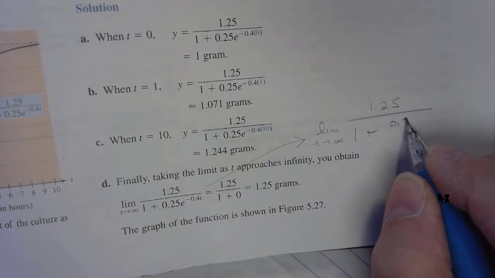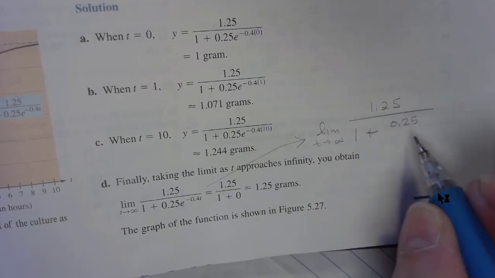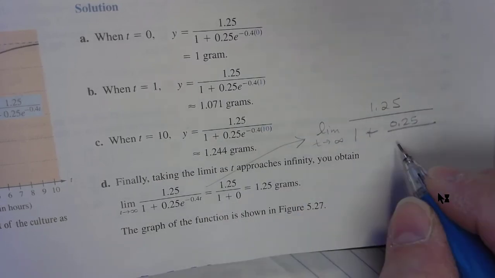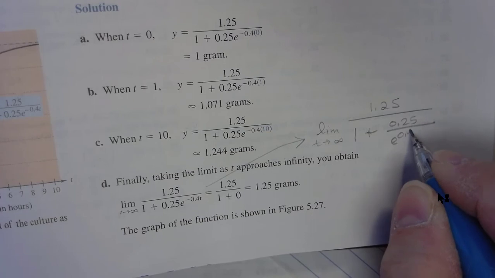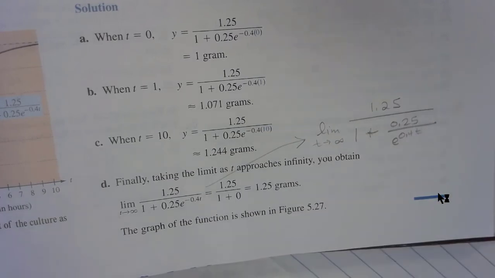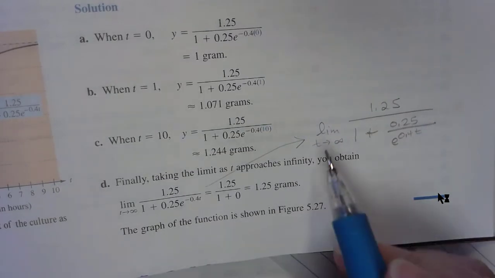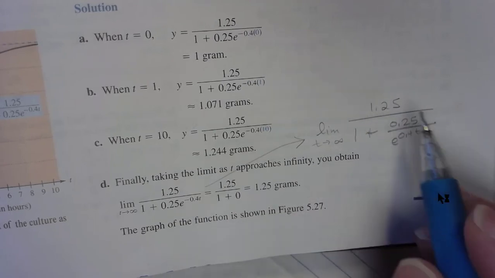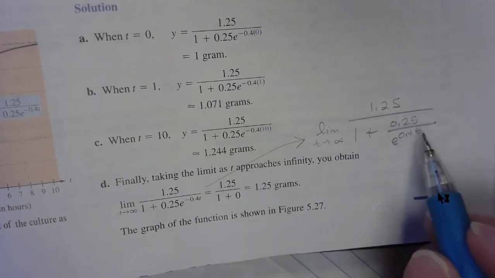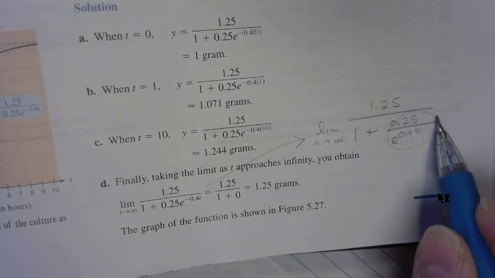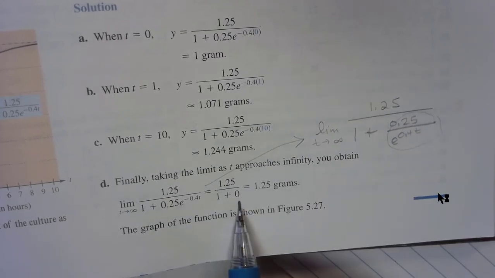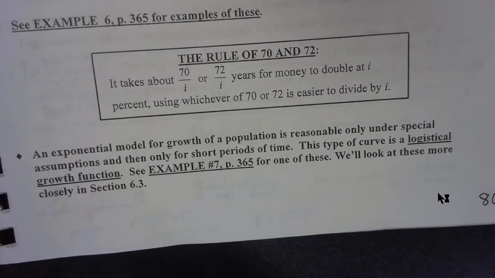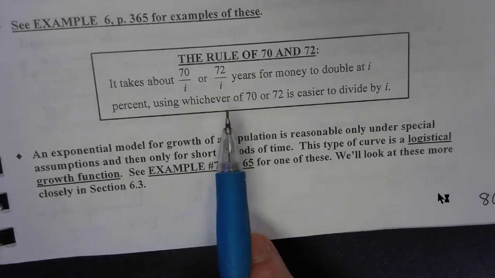It means 0.25 on top of it, and on bottom, it means e to the 0.4t. That's what that negative exponent means. Now, as t goes to infinity, I get 1.25 on top, I get 1, but this, as t goes to infinity, becomes 0.